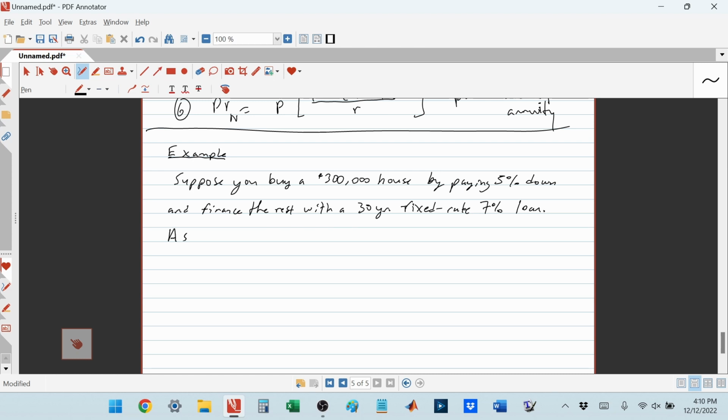And we'll assume the bank requires you to make monthly mortgage payments at the end of each month, that's how mortgages work.